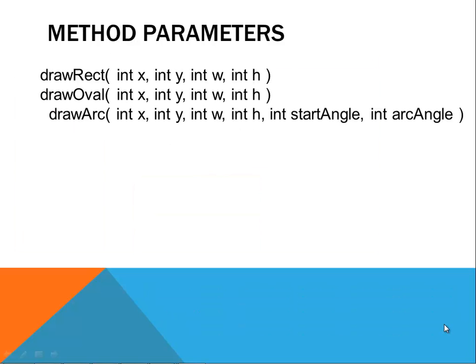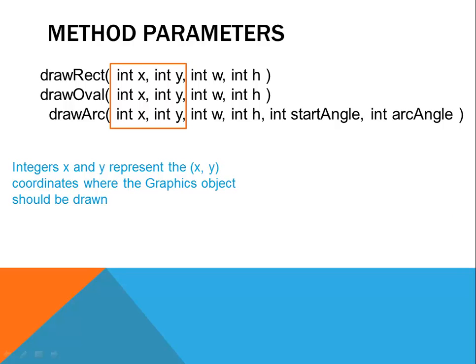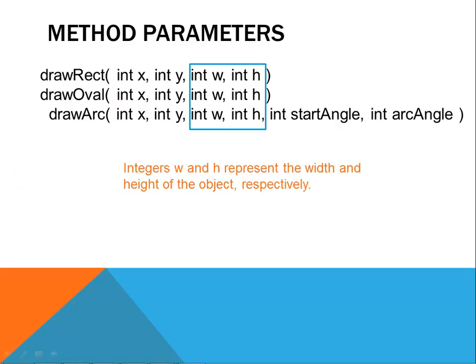So let's take a look at some of these method parameters. Here we have the drawRect, drawOval, and drawArc methods. They all have the same first 4 integers, and drawArc just has 2 additional integer parameters. Integers x and y in these 3 methods represent the x and y coordinates where the graphics object should be drawn.